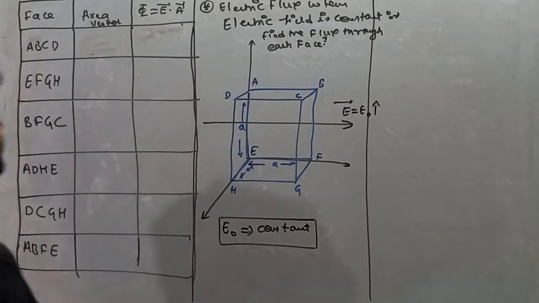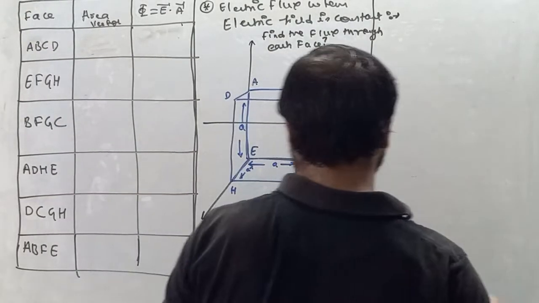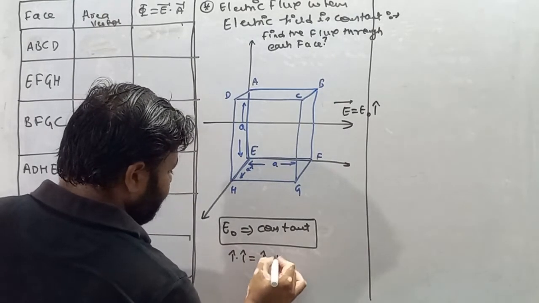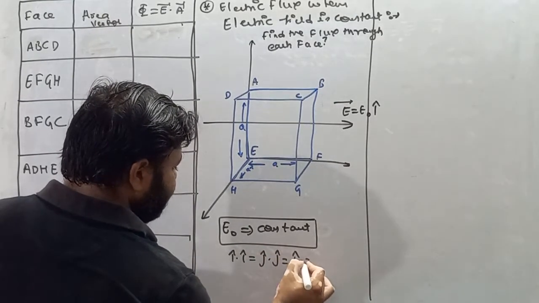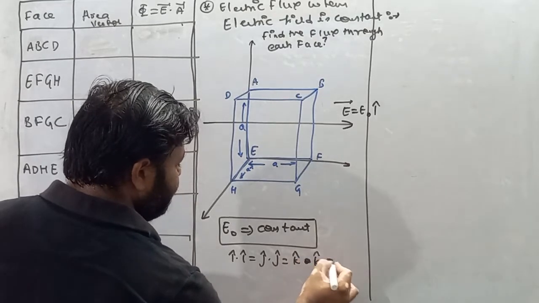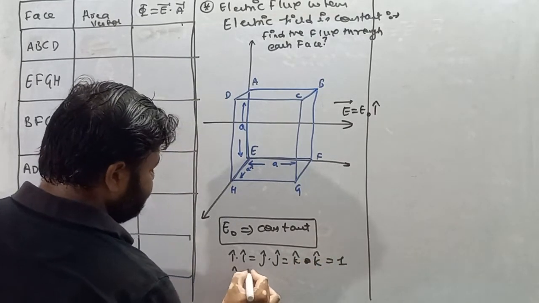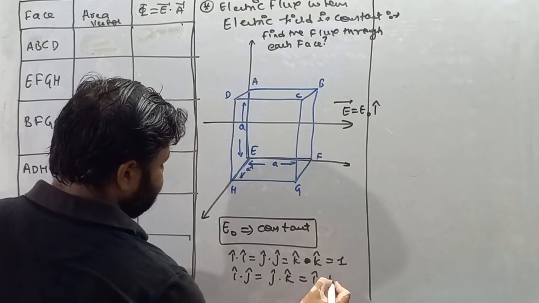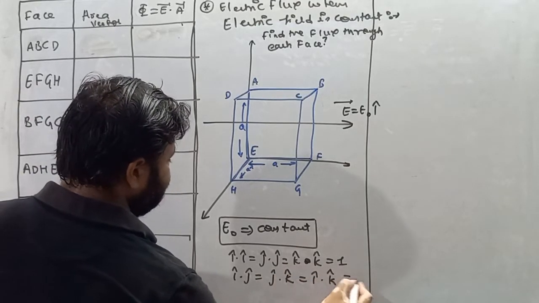These are the faces of this cuboid, and we know one more thing, my dear student: I dot I, J dot J and K dot K are equal to 1. But if I take I dot J, or J dot K, or I dot K, it is equal to 0.